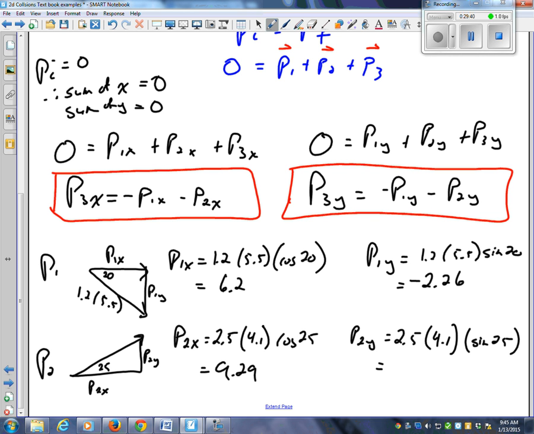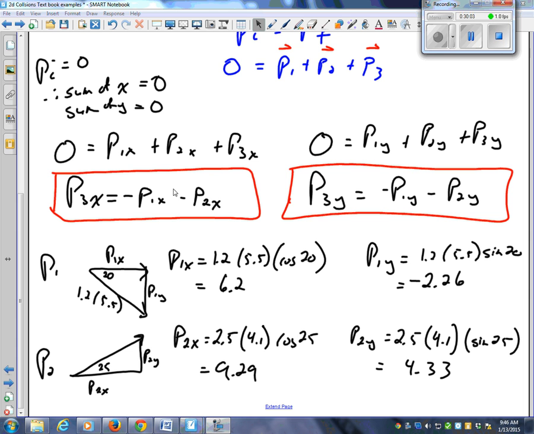Y here is going to be 4.33, up, so it's positive. Okay, so I broke it into components, right? Pause for a second.